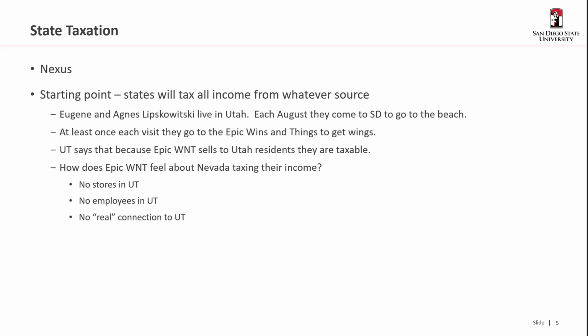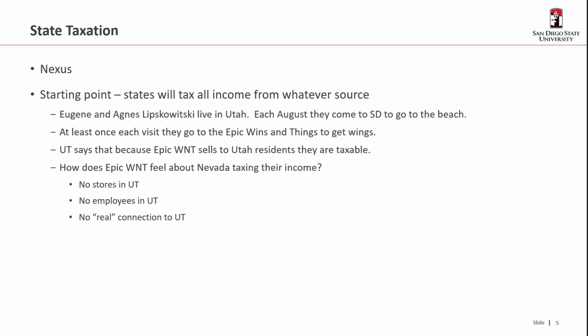We're going to talk more about nexus, but let's take as a starting point that states will say, I'm going to tax all income from whatever source. Think of it like a Code Section 61 application. They say, I don't care where you earned it, I don't care where you were, I want to tax all of it, because that's in the state's best interest.